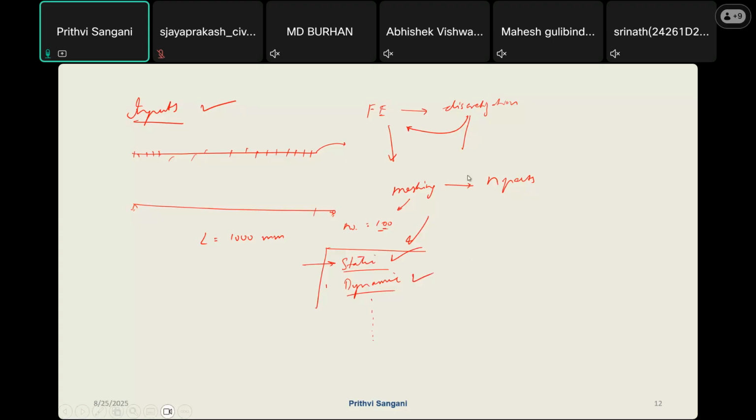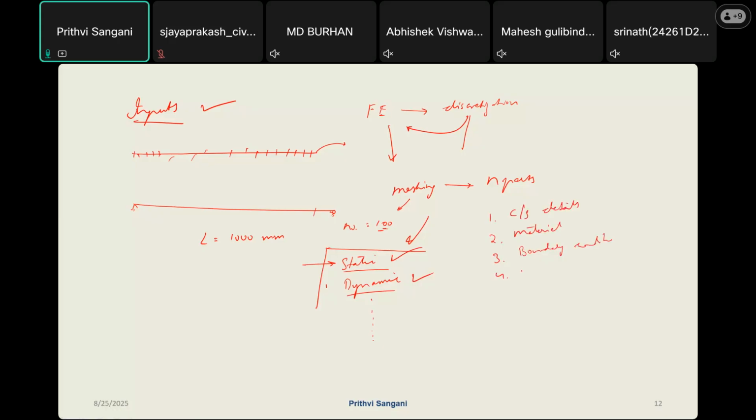So once you give all these things, I'm just again repeating it. Hope you don't feel bored. So first one is you gave cross section details. Second one is you gave material details. Third one is you have given boundary conditions.